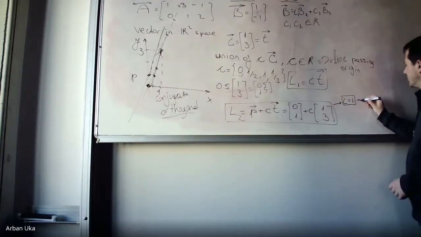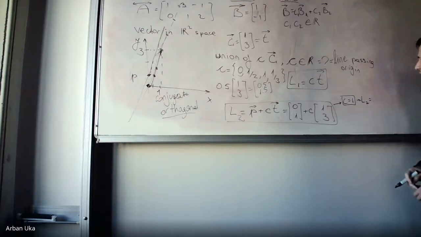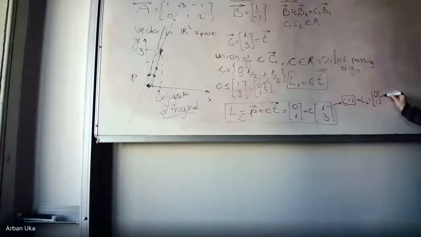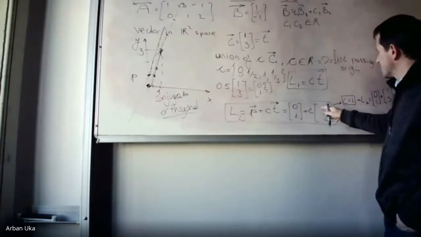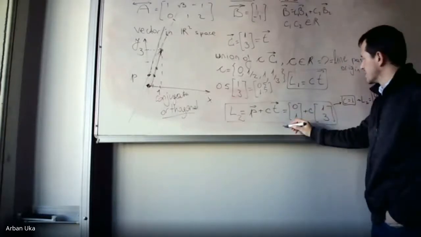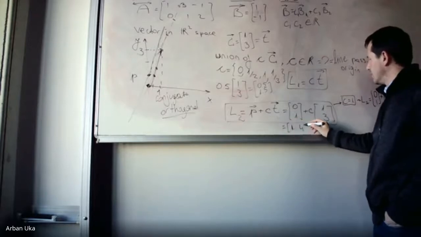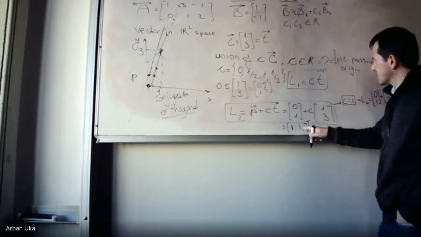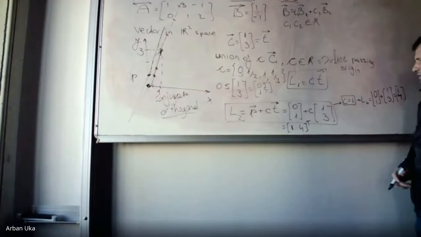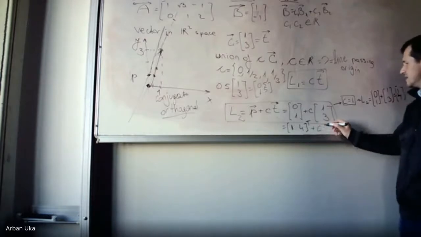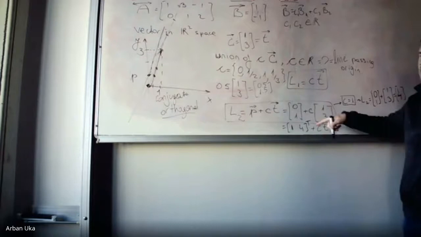What is L2? (0, 1) plus (1, 3) equals (1, 4), which means L2 can also be written as the transpose of (1, 4) plus C T, where T is again this reference vector.